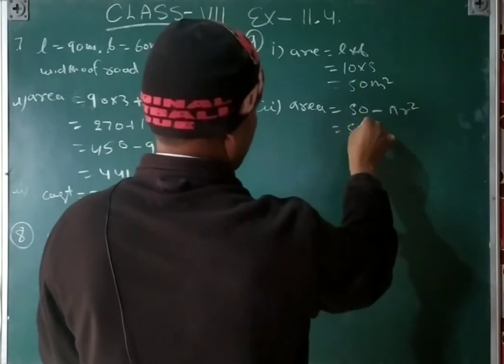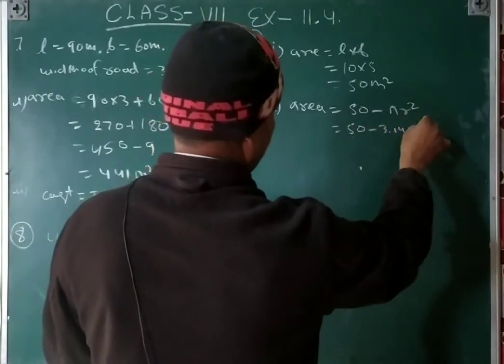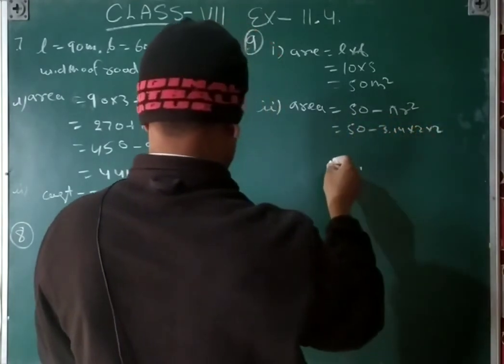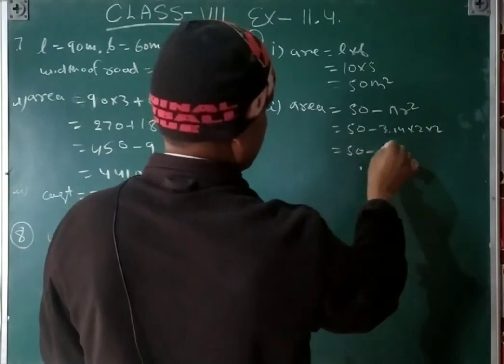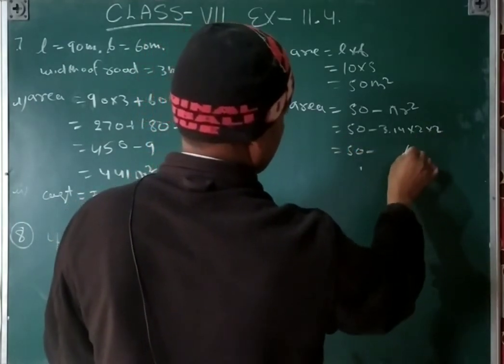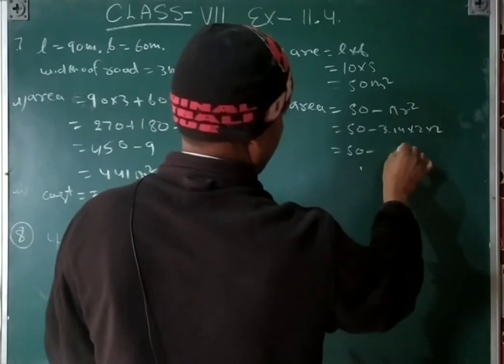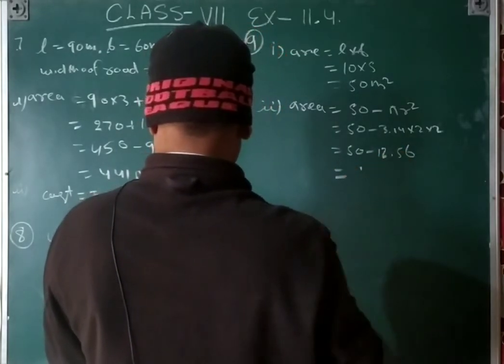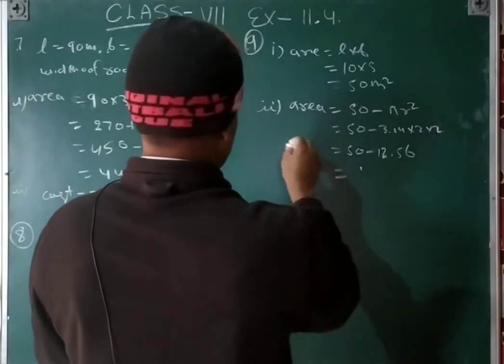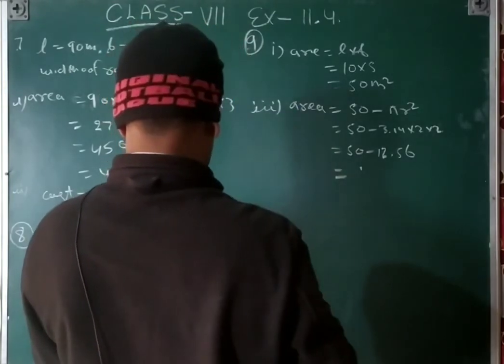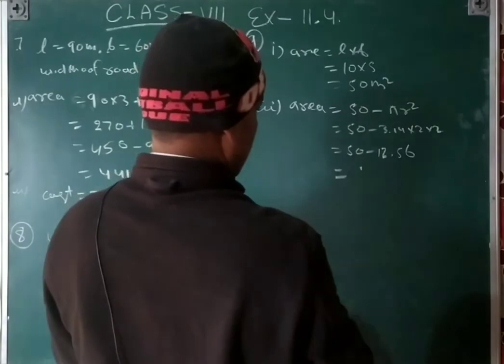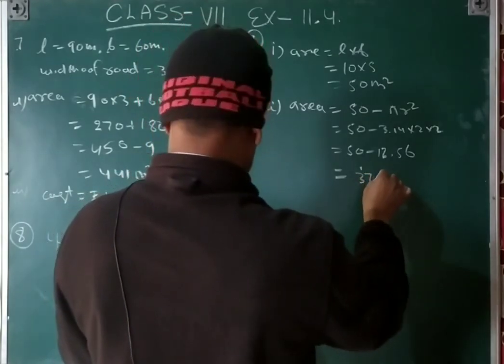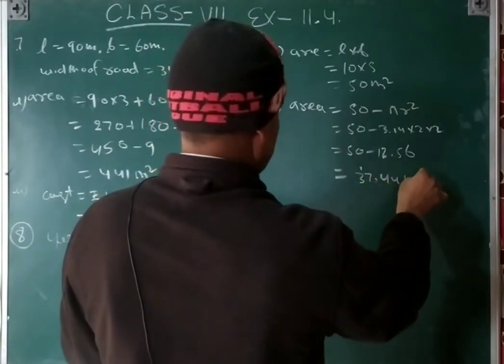So 50 minus 3.14 into 2 into 2, that is the radius. 3.14 times 4 is 12.56, and then by subtraction that will come to 37.44 centimeter square.